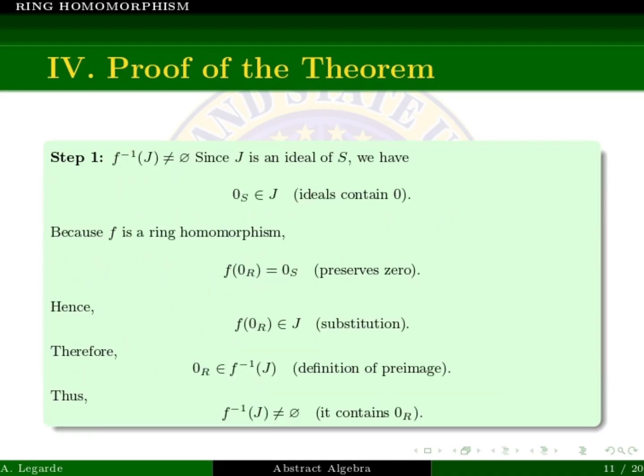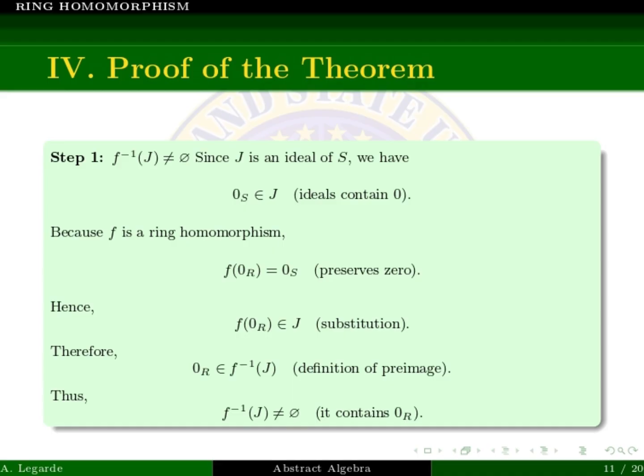For the first step, we show that the inverse image is non-empty. Since J is an ideal of S, it must contain the zero element of S. Because F is a ring homomorphism, it preserves 0.